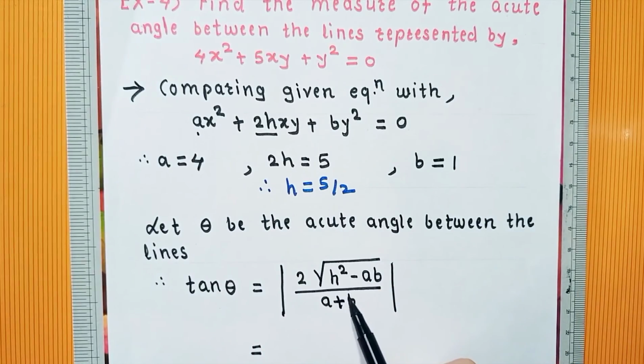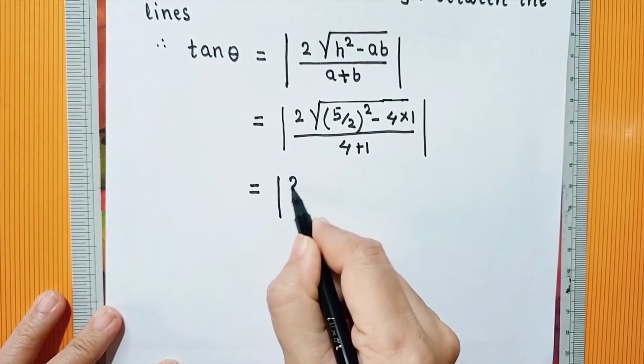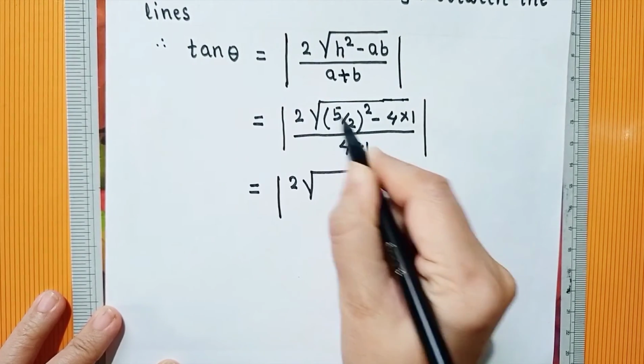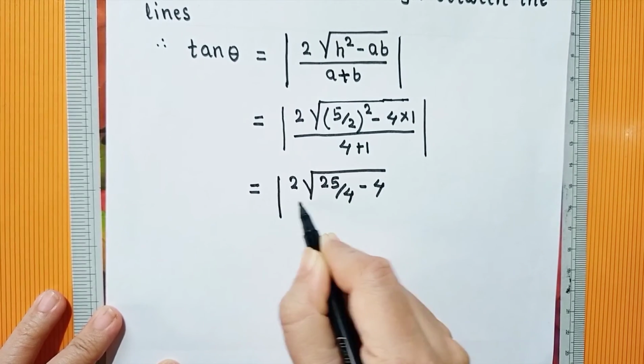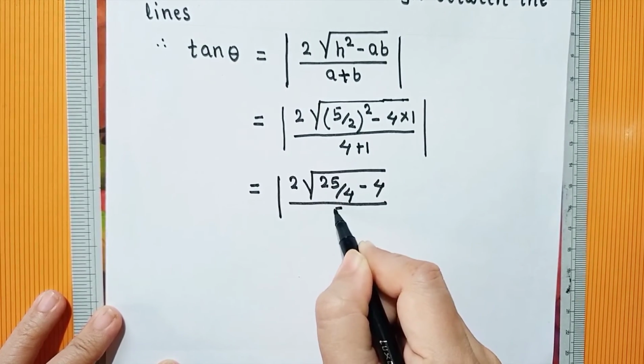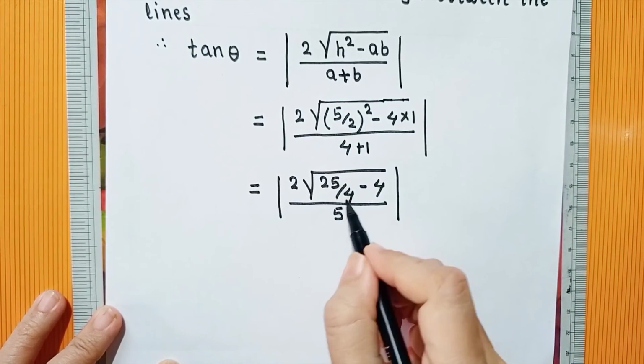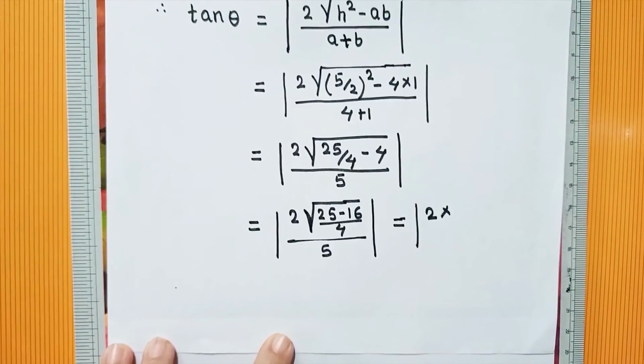substituting these values here. So again on simplifying, we have this is 25 upon 4 minus 4 upon 4 plus 1 is 5, and again making denominator same.